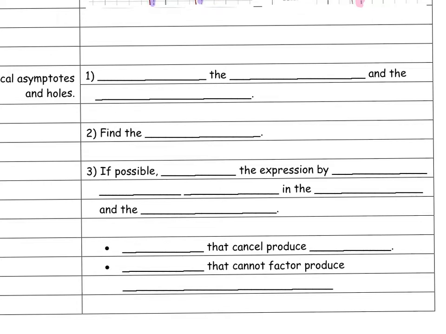The first thing we're going to do is factor the numerator and the denominator. Okay, so we're going to factor both the top and the bottom this time. If they're not factored, we need to factor them. We need to make sure that both the top and the bottom are already factored.